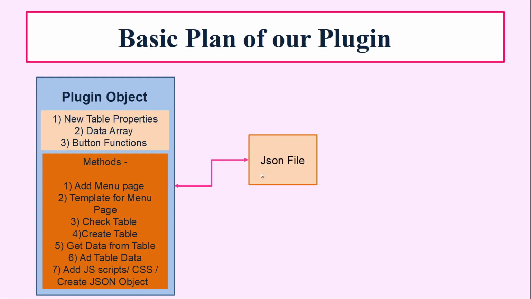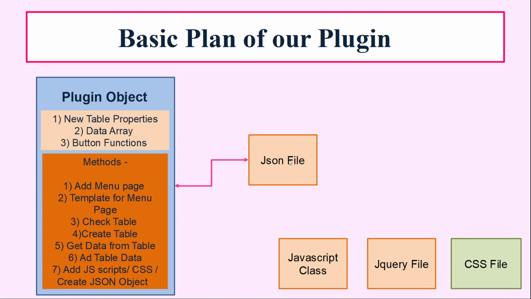This script will then add the JSON file, so it'll be getting that data from the table, putting it into a JSON file, and then this plugin will also create the CSS file or link the plugin to the CSS file, as well as creating a JavaScript class for our comment, a comment container as it were, as well as doing that jQuery that allows it to create that interactiveness in our WordPress widget.